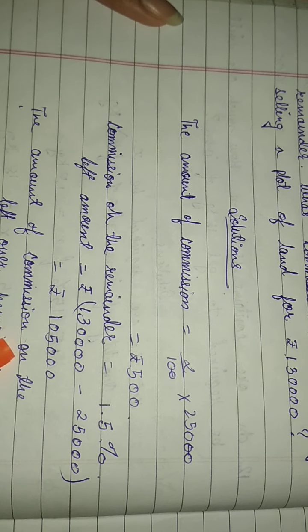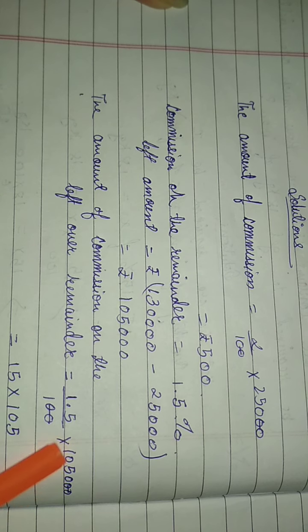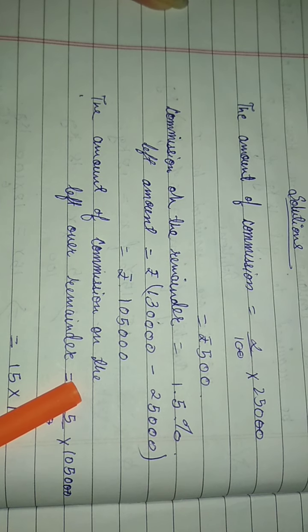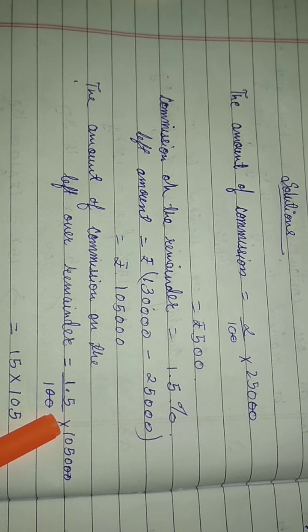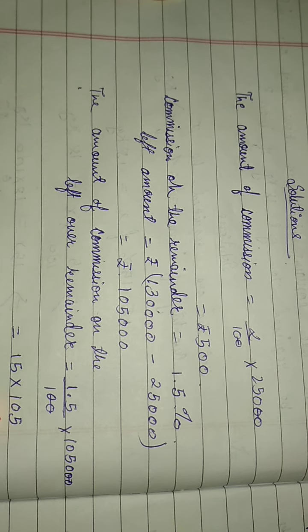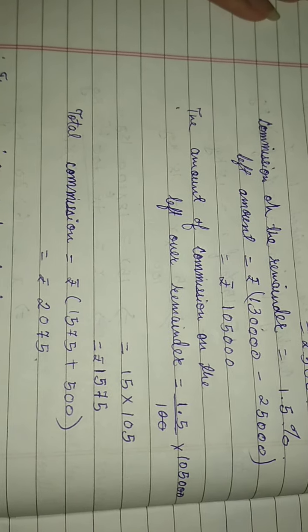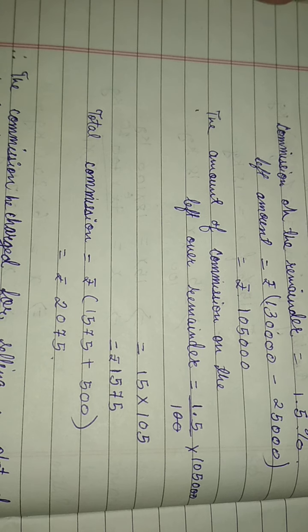So the commission on the leftover remainder will be 1.5 divided by 100 into 1,05,000, which will be 15 into 105, which is rupees 1,575.